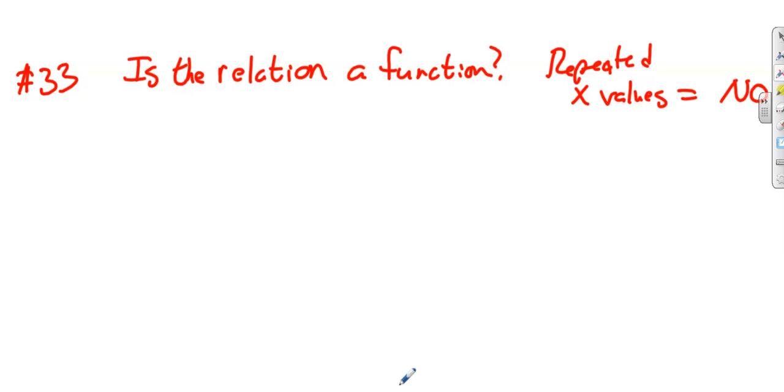And they can write this thing a bunch of different ways. But it just comes down to, do you have repeated X values?